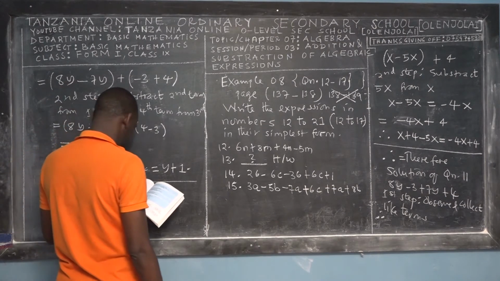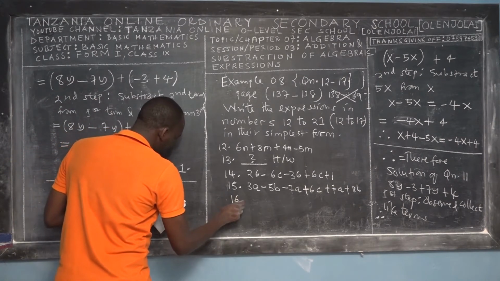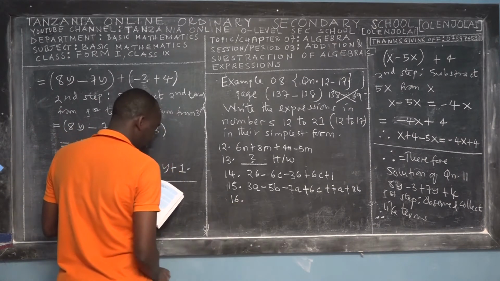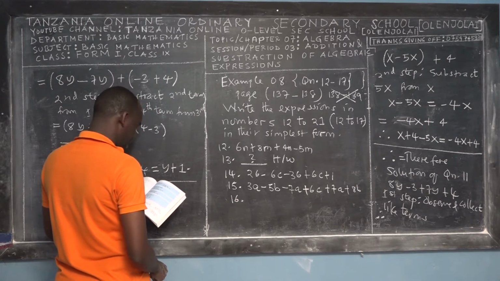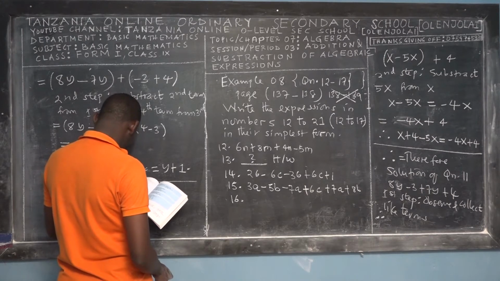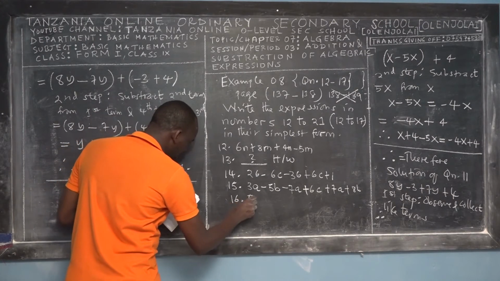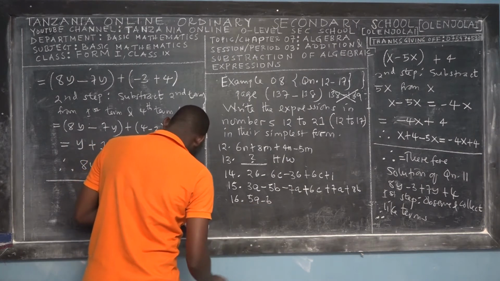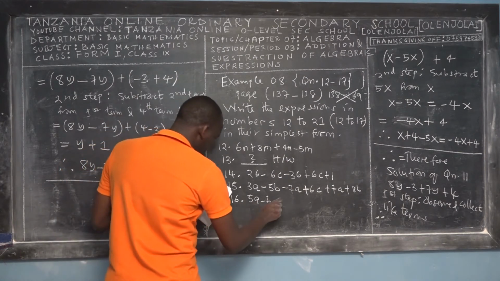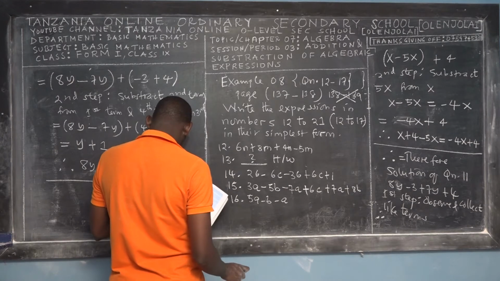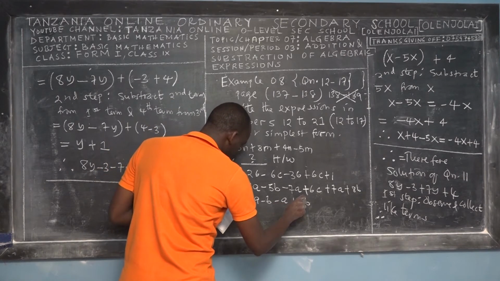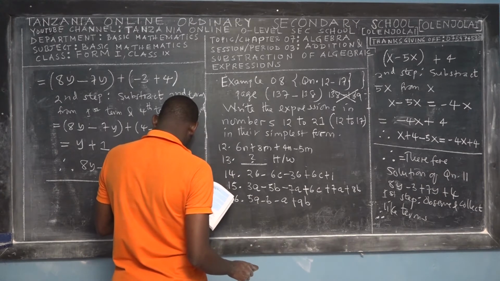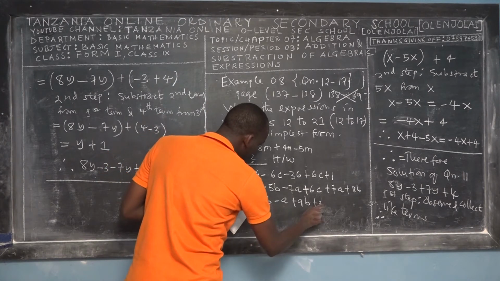That's 18. Question number 16 is 5a minus b minus a plus 9b plus 3a.